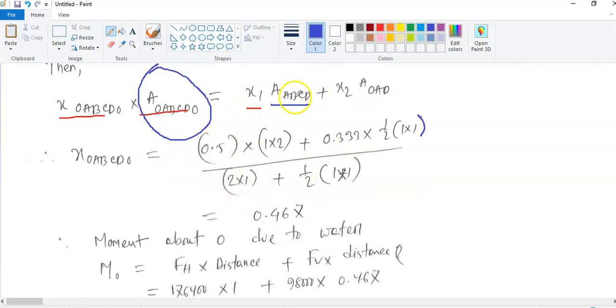By using this calculation, we got the distance x that we actually need, it is 0.461.